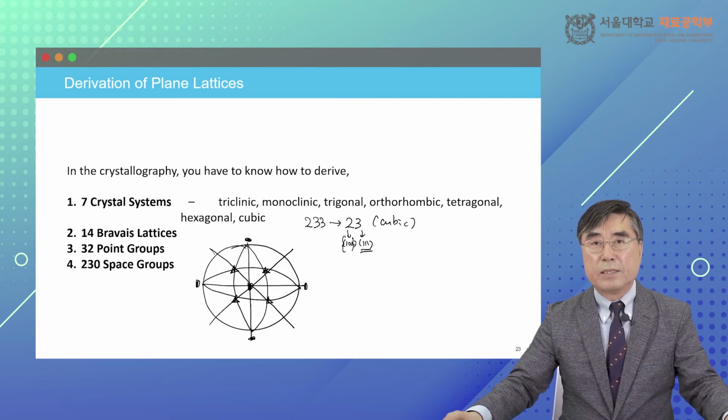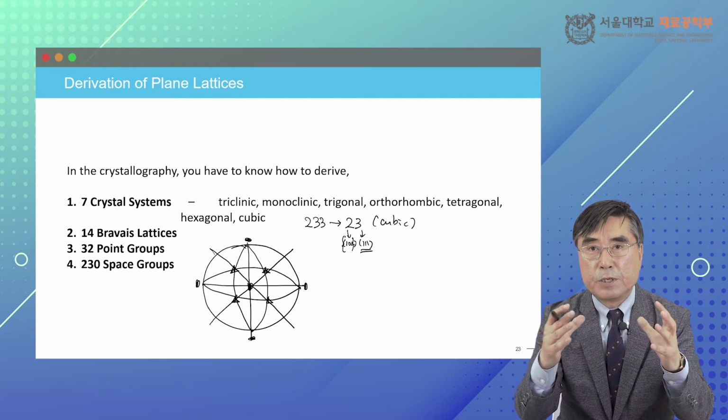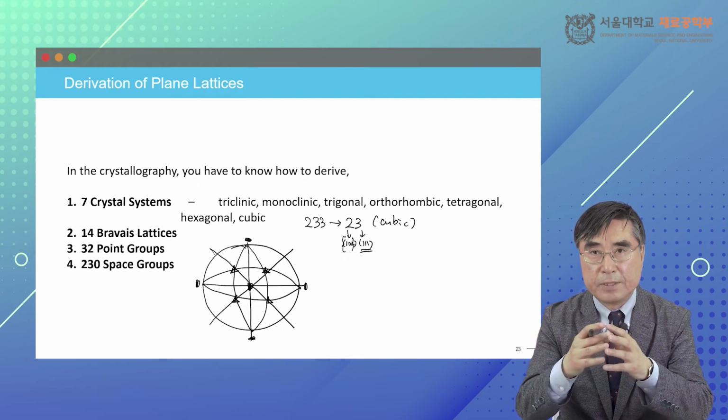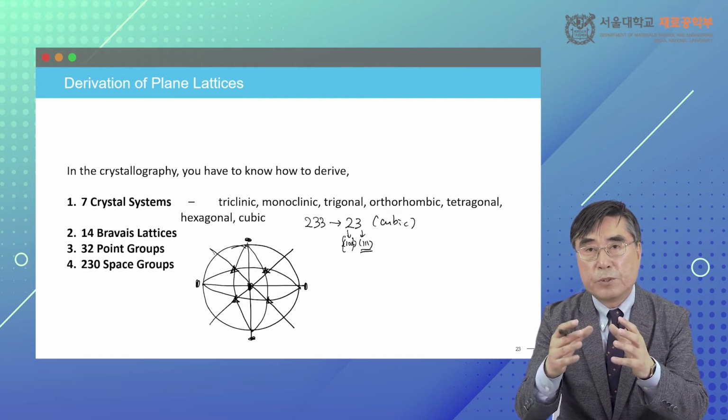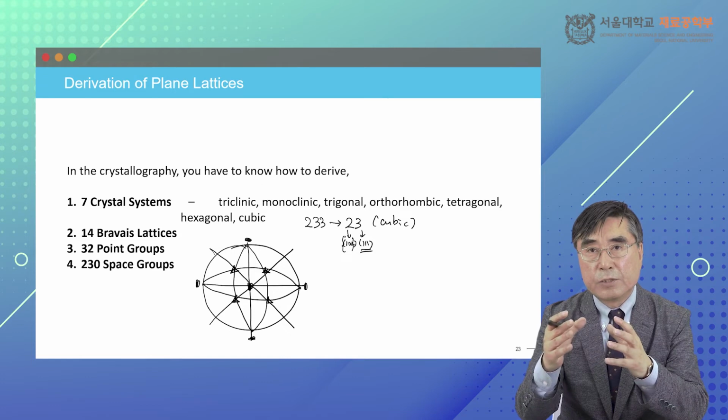Okay, this is the stereographic projection of the 2, 3, 3 multi-rotation systems, which people also write as 2, 3. In this case, the first digit, 2, means that all the 1, 0, 0 type of directions have twofold symmetry, and all the 1, 1, 1 axes have threefold symmetry.